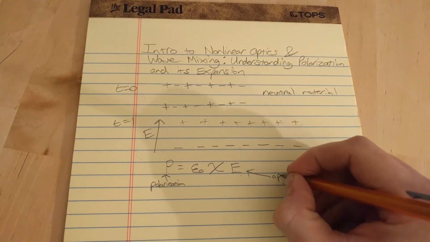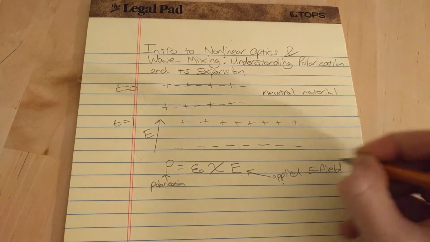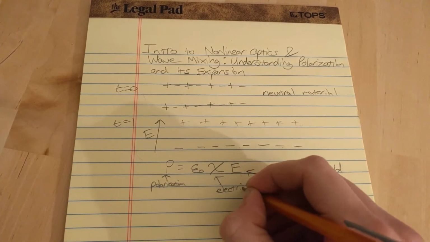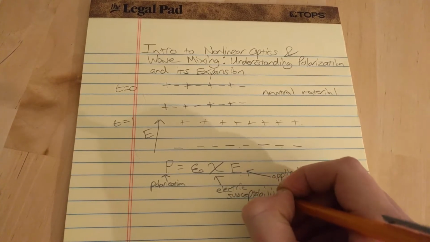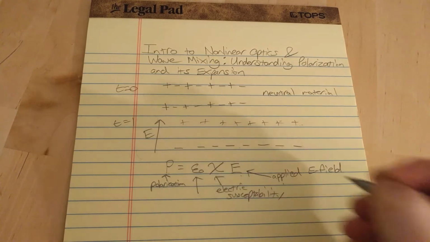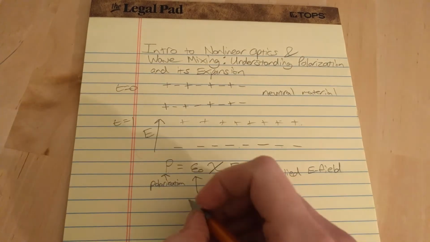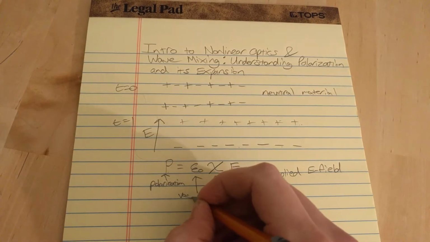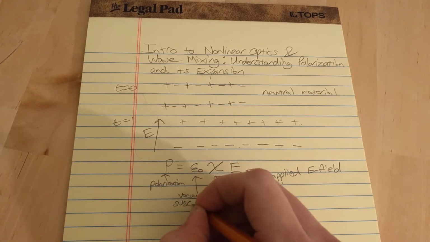This is the applied electric field. This chi is the electric susceptibility, and this epsilon naught is sort of the electric susceptibility of the vacuum. So some people refer to it as the vacuum susceptibility.